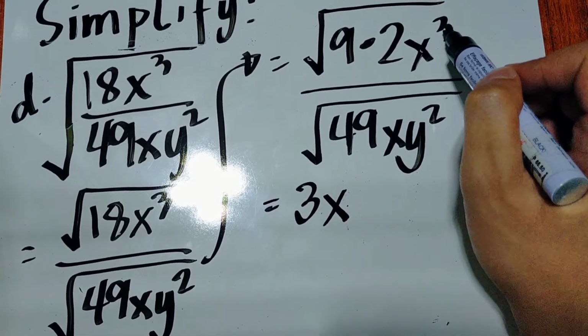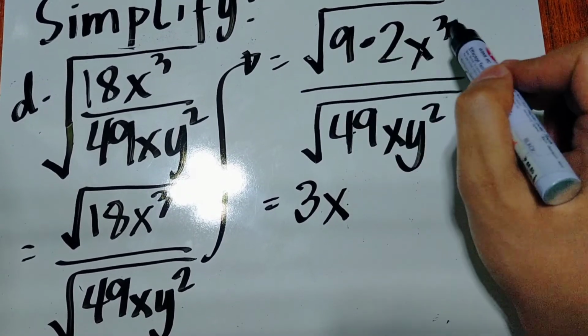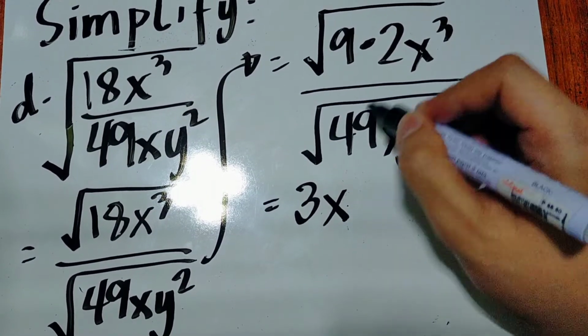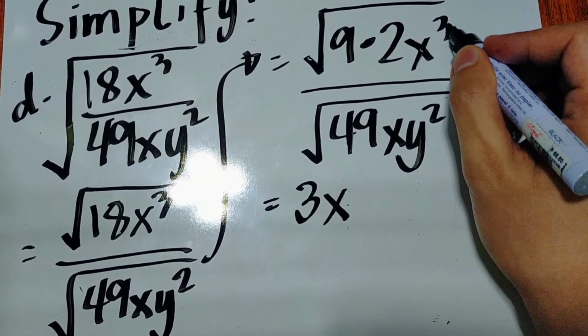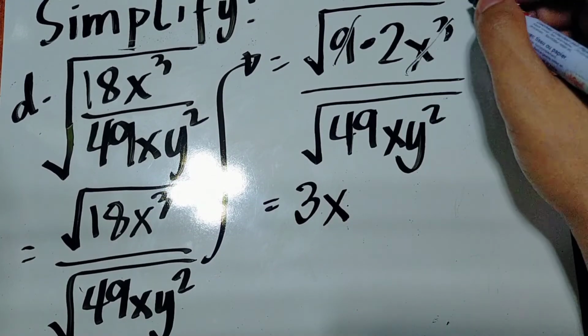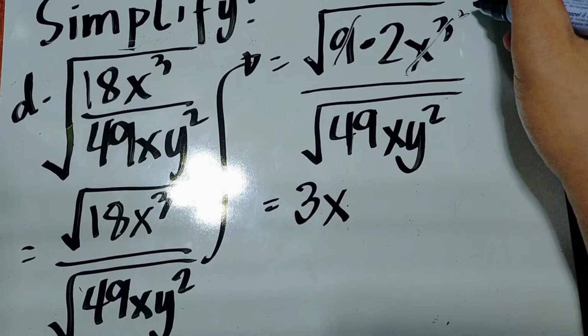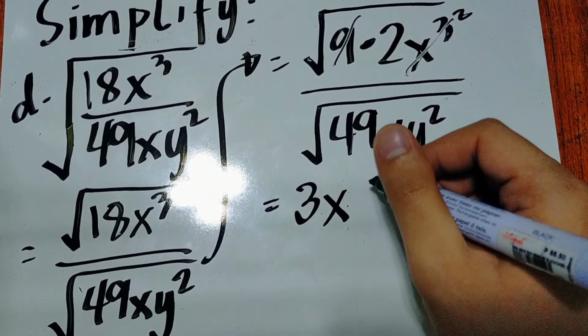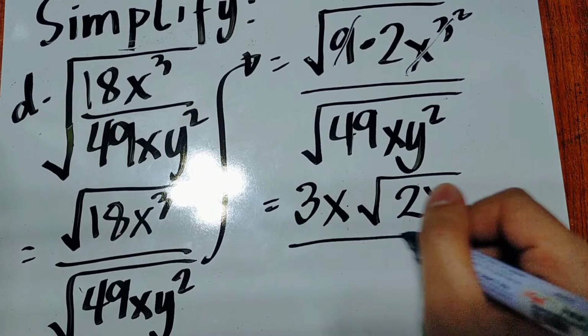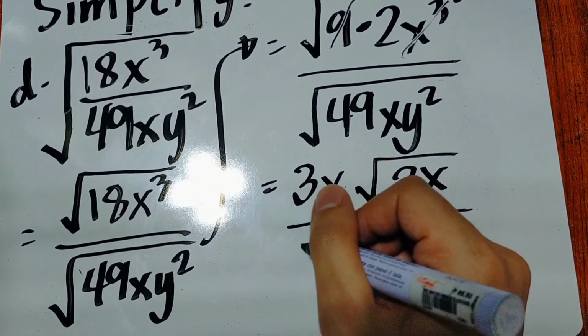Yung x cubed, ilang 2 ba yung makukuha mo sa 3? Isa. So, ima-minus mo ngayon yung nakuha mong dalawa dun sa exponent natin. Kaya, natanggalan to ng dalawa, at ang natira na lang ay isa. So, natira sa loob ay 2x over 7.